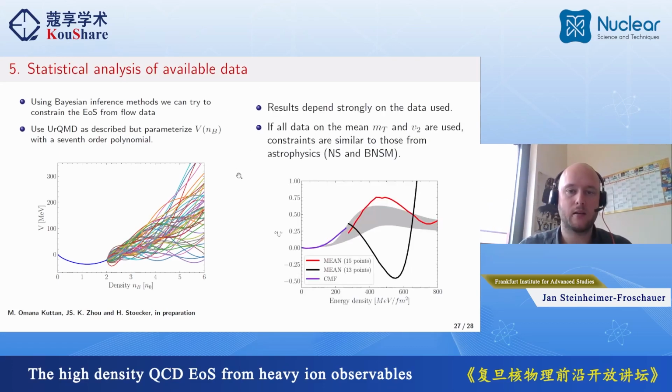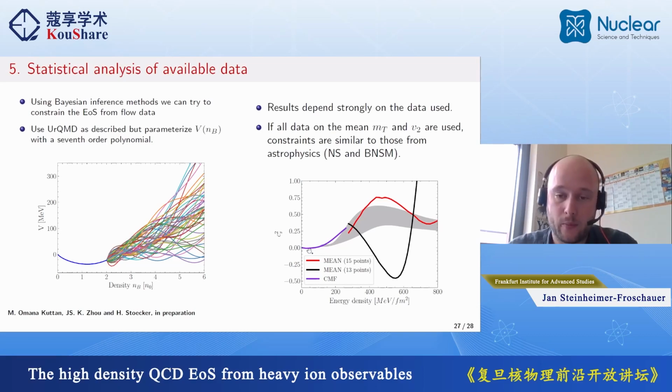Then we plug them into our simulations, and we have a very large number of different observables. In this case, we were just using the mT and v2 as input. And then we let our Bayesian inference try to find what is the most likely equation of state, assuming that the data are correct and assuming that the model is the proper way to connect this input to the data.